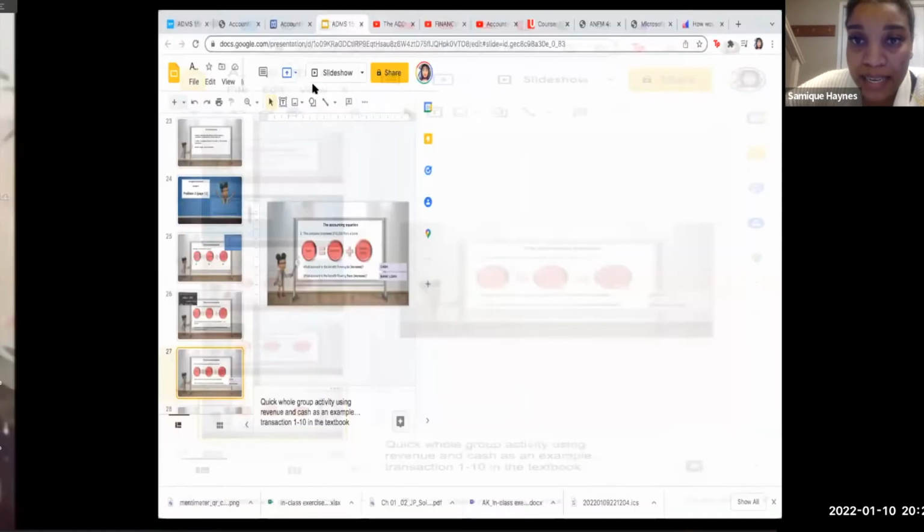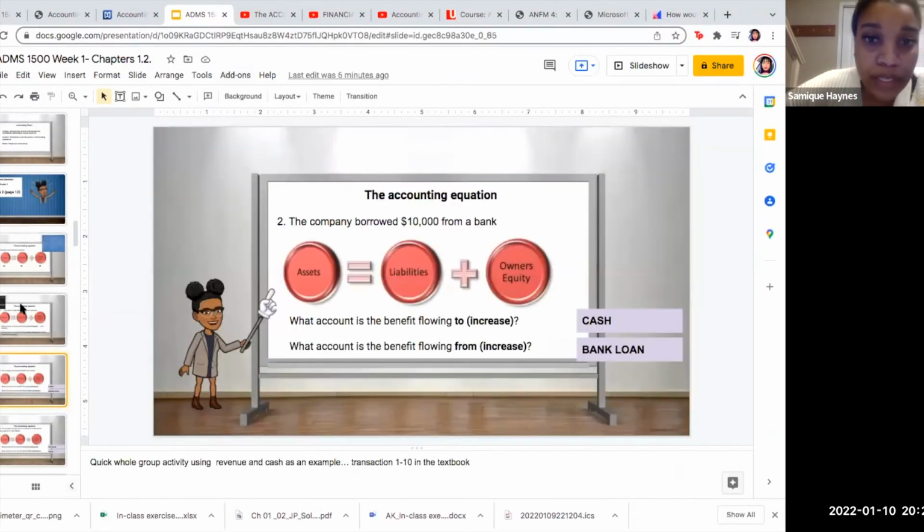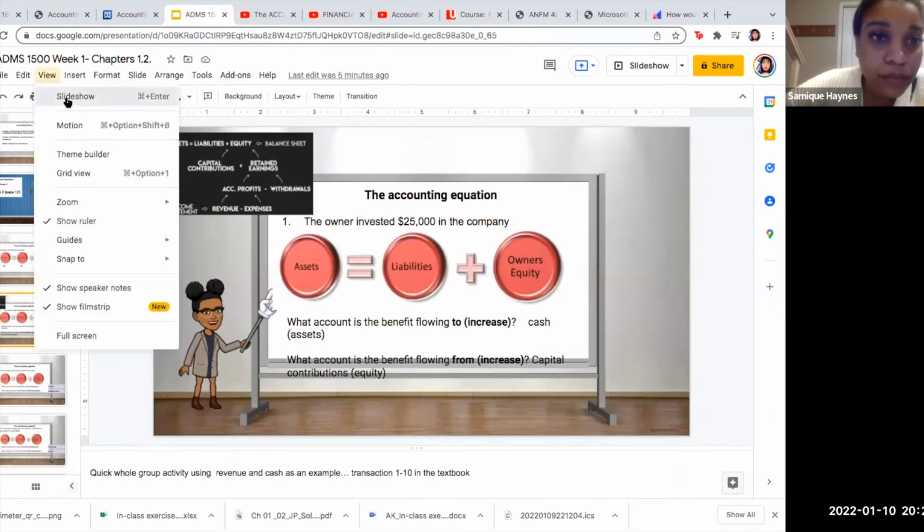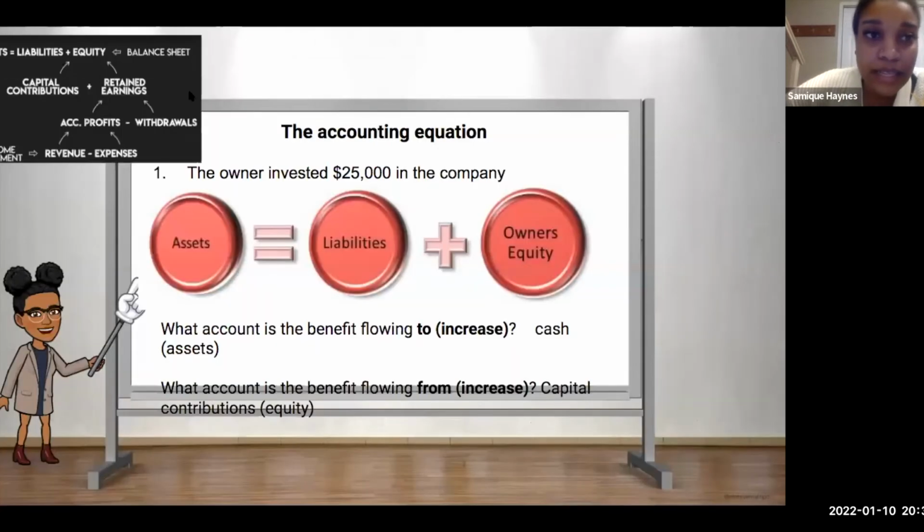Inventory is an asset account. Owner's equity deals with these things here, in this top left. Do you see anything here that has to do with inventory? No, right.